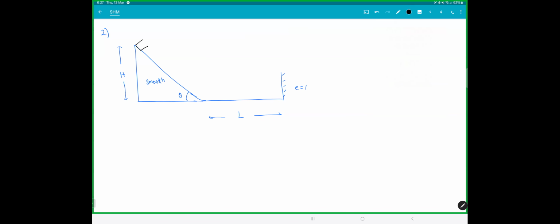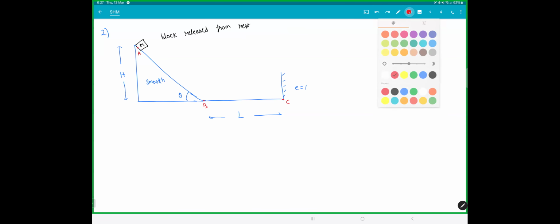So from this position, you release a block. This block will start from this position A, it will go till B and then hit the wall at C, and the motion will repeat. Find the time period.